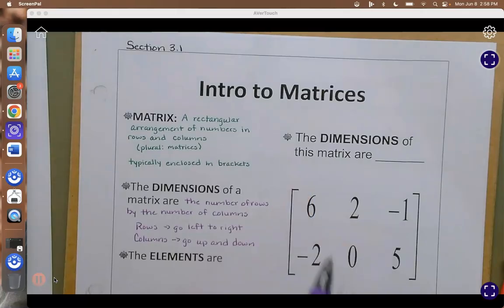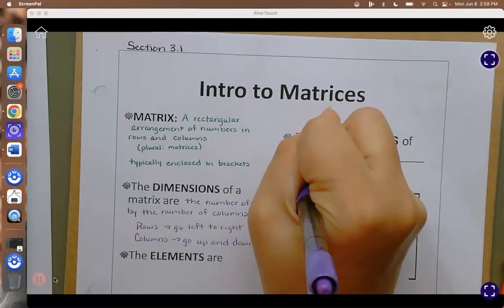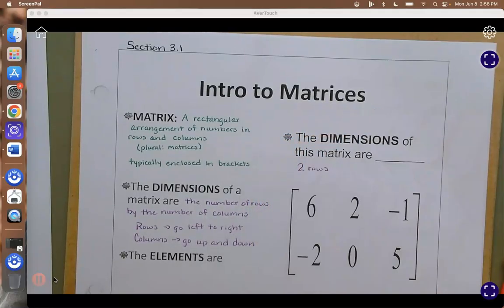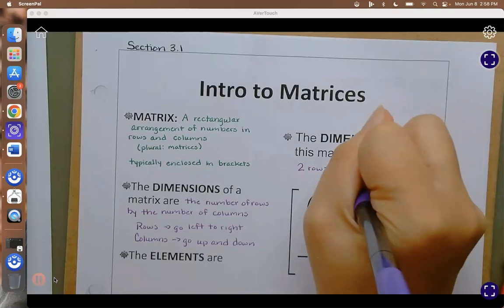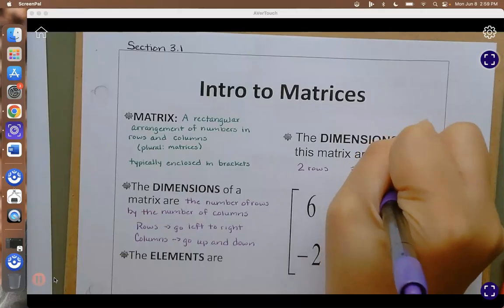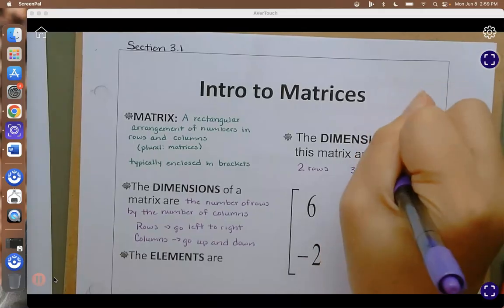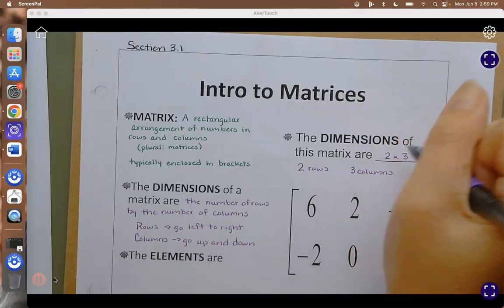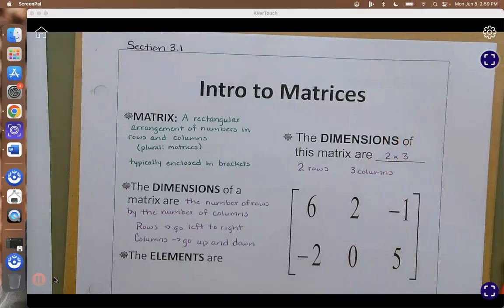Okay, so let's look at this matrix given right here. How many rows do we have? Okay, so there are 2 rows and how many columns? 3 columns. So this matrix is a 2 by 3 matrix. Okay, a 2 by 3 matrix.